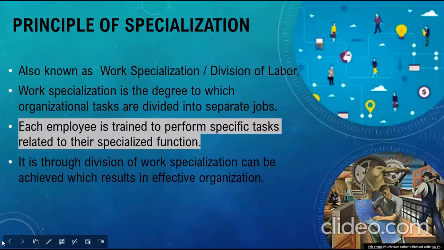Work specialization is the degree to which organizational tasks are divided into separate jobs and each employee is trained to perform specific tasks related to the specialized function. However, each area must have specialization and must be interrelated to the total system so that coordination between all the activities and all the departments is carried out successfully.